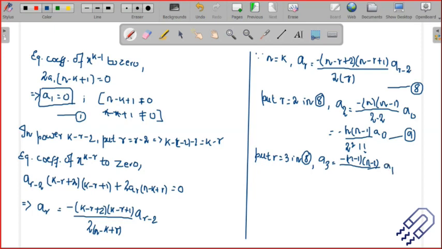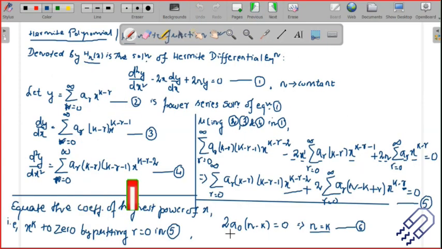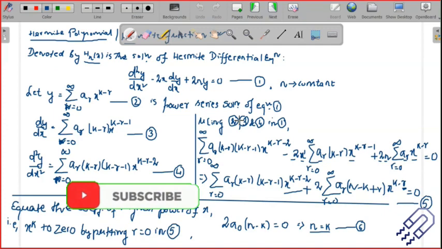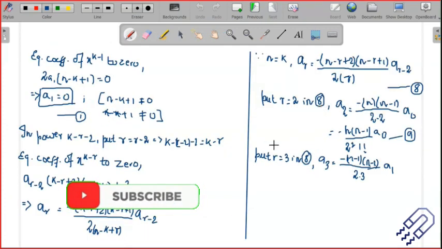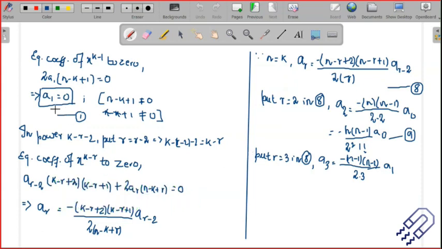So you can write it down as a1, and at the bottom we can actually have it as 2 into 3. But then we have found out a very important result in the previous slide, expression 1, a1 is 0.